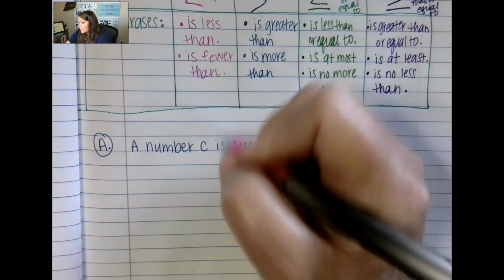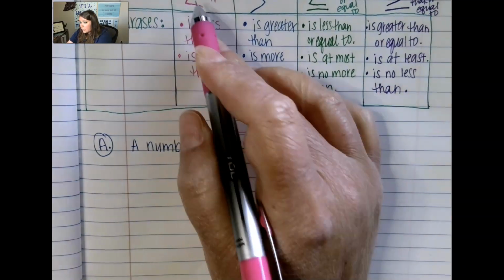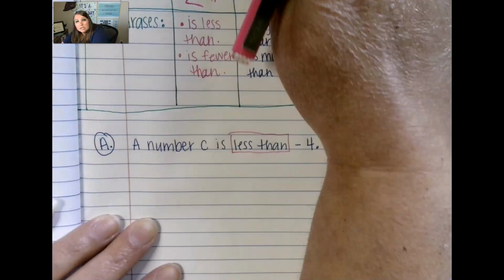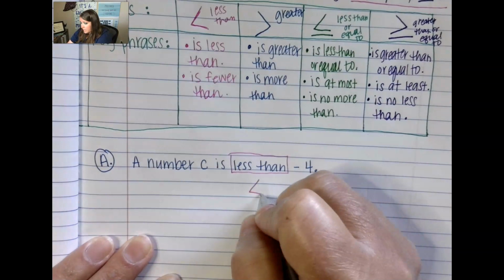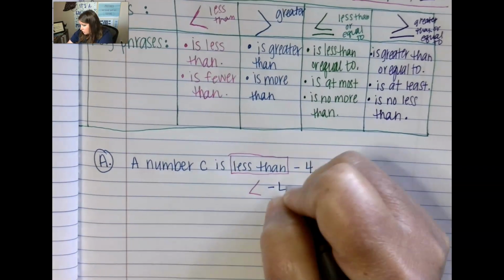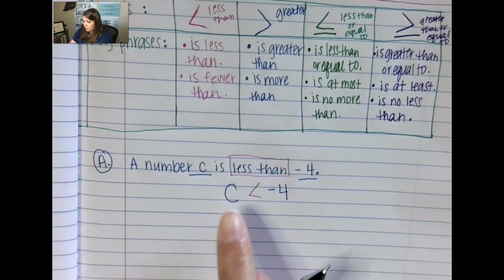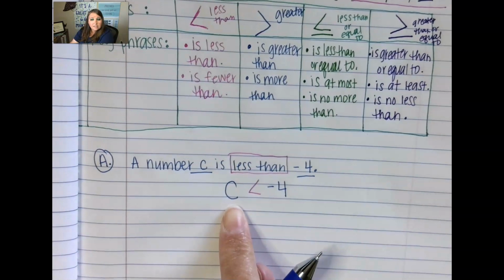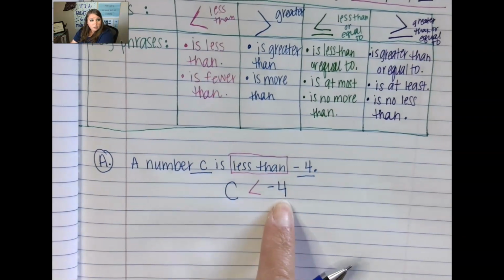Okay, so we're going to first check out our clue words. So our clue word here is less than. So less than tells me to use this symbol right here. So I'm just going to drop down that symbol. Now I'm going to put the rest of this information around it, -4 and letter C. My math sentence looks like this. C is less than -4.